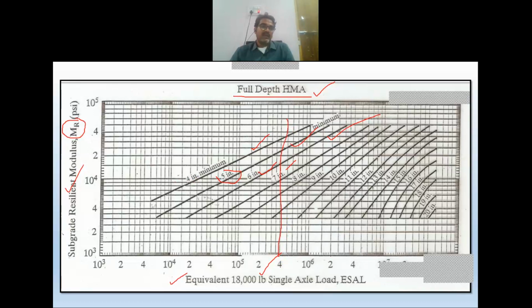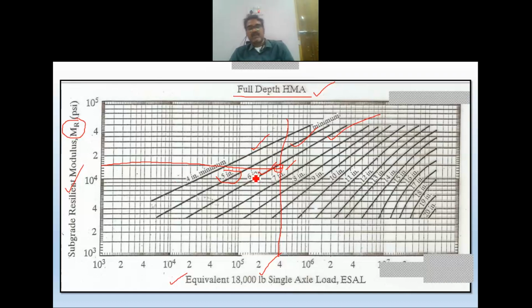And if the value of resilient modulus is this one, I draw a horizontal line. Both will intersect here. This intersection point represents the thickness of the flexible pavement, that is 6 inches, or 6.1 inch. So that is the use of the full depth hot mix asphalt pavement design chart.